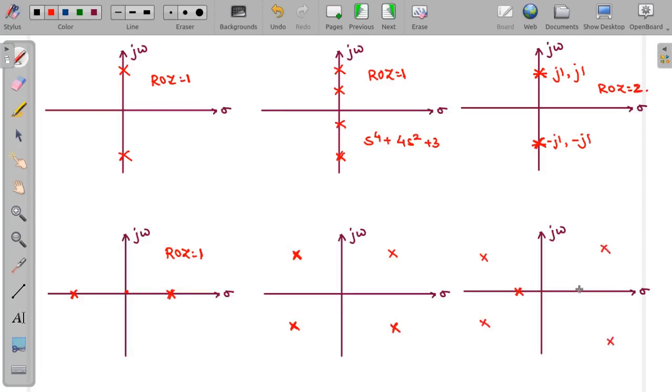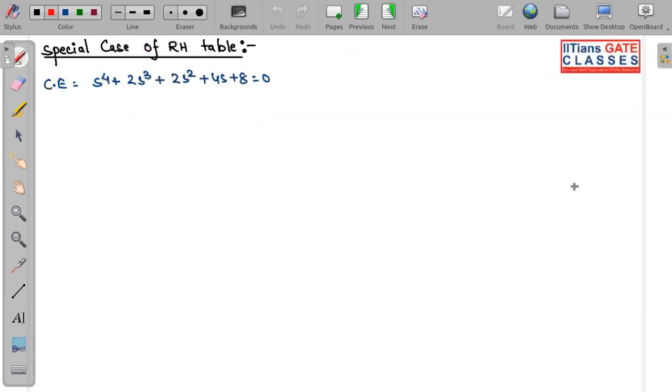So this is also an unstable system. So for all the cases you will be having a row of 0. So over here also row of 0 is equal to 1, here also row of 0 equal to 1. Okay, so you can see that repeated rows of 0 imply that there are repeated poles.